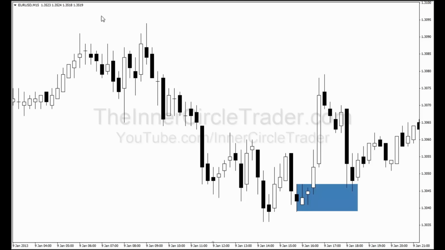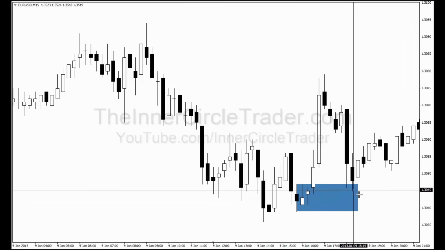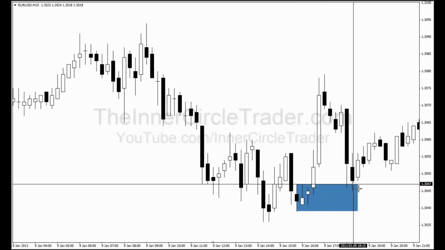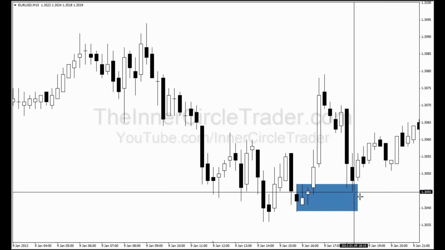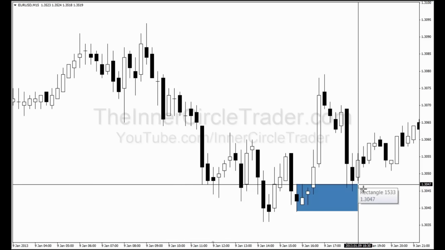But assuming that you took that as your entry point based on the higher time frame trade, you could trade this here. Maybe get in at 130. Let's see, what is that price? It's 130.45. Let's say 130.47 is fair, and you're using a 10 pip stop below here.